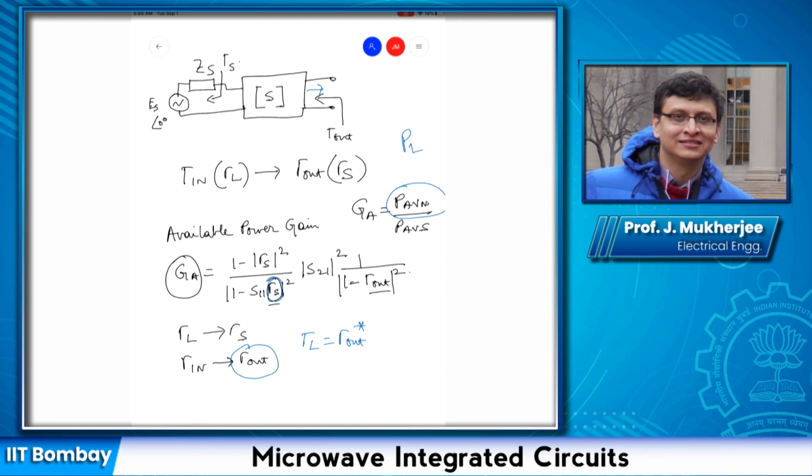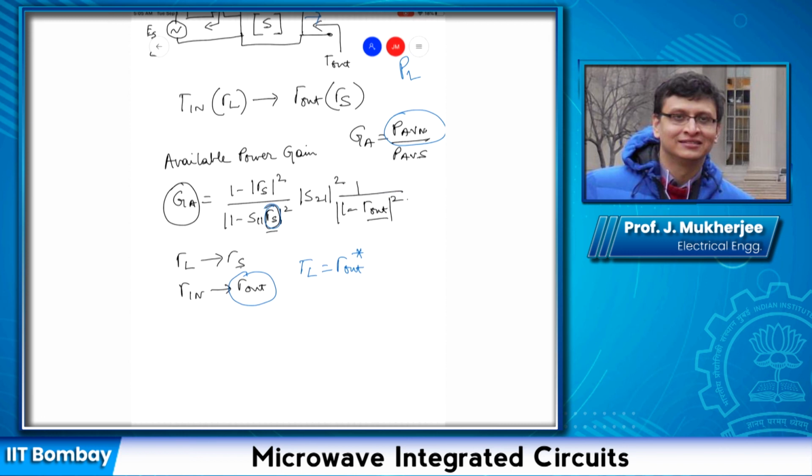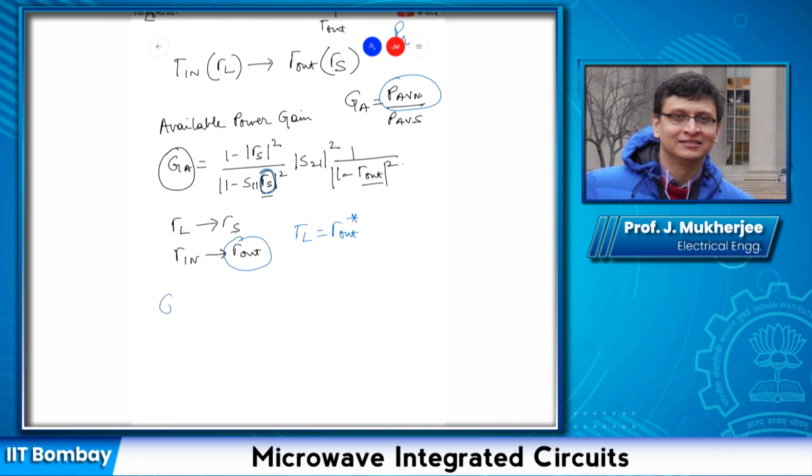And finally, let's see the expression for transducer power gain. Once again, GT is equal to PL upon PAVS.